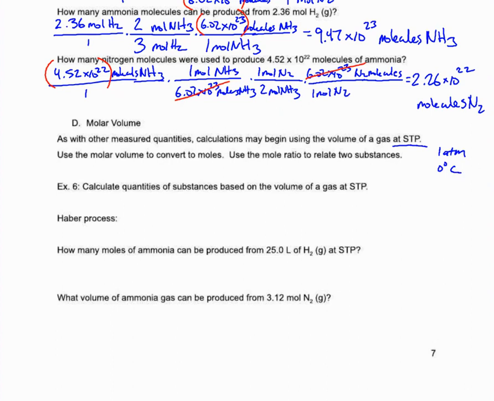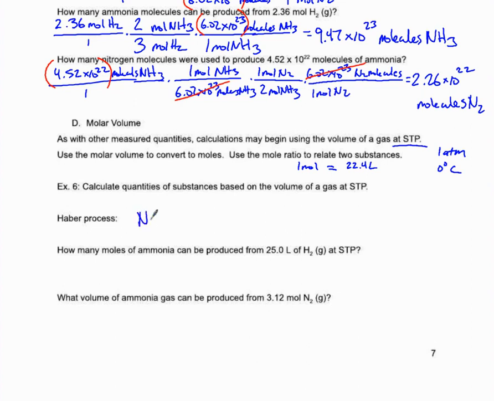If these conditions are both met, then 1 mole occupies a volume of 22.4 liters. If these conditions are not met, then we have to use a more complex calculation, which we'll talk about in a later unit.